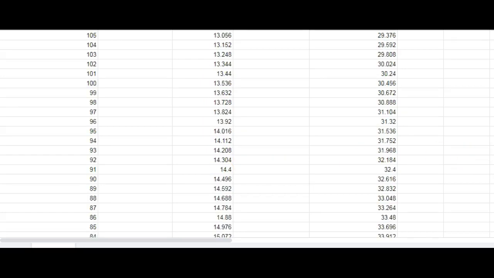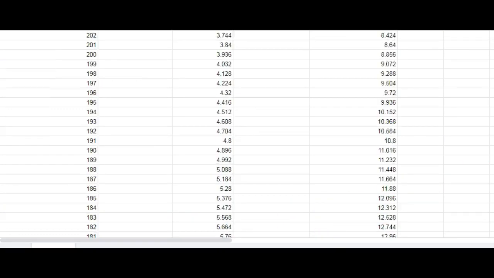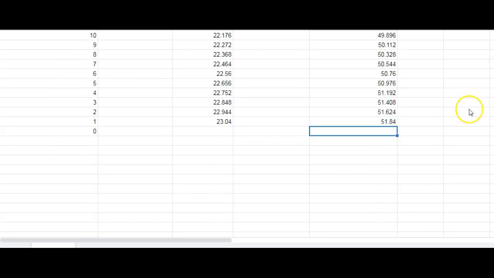And I've just done one beside here as well, just to show what the amount would be if you had 9 rented referrals instead. And that would be $51.84. So I just wanted to show that it is profitable to add rented referrals to your account.